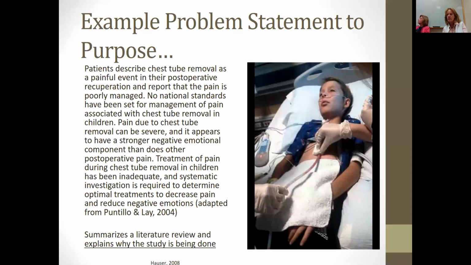The only thing that stood out to me, I think it sounds good, the third sentence, remember, pain due to chest tube removal can be severe, it's not a very strong statement. Does it have a stronger negative emotional component? Yeah, so you could say research indicates or research suggests.